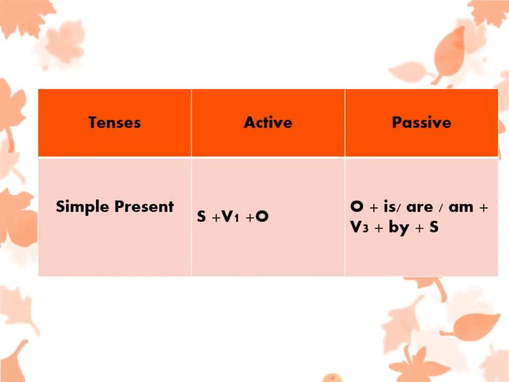Let's move on to the textbook exercise. Keep this rule near you or remember this rule of passive voice. O plus is, are, am plus past participle form of the verb plus by plus subject. Let's do exercise 1.